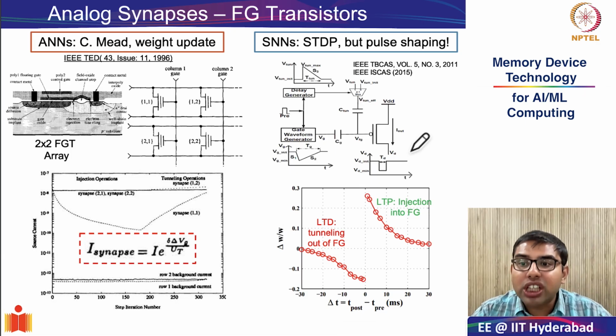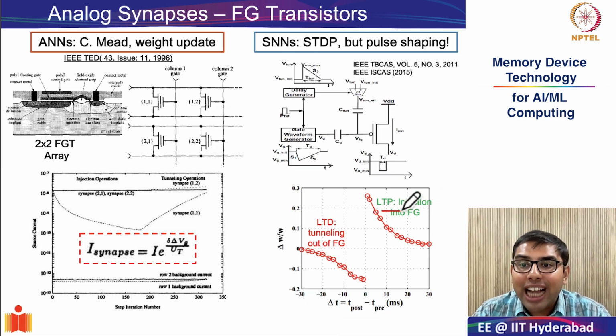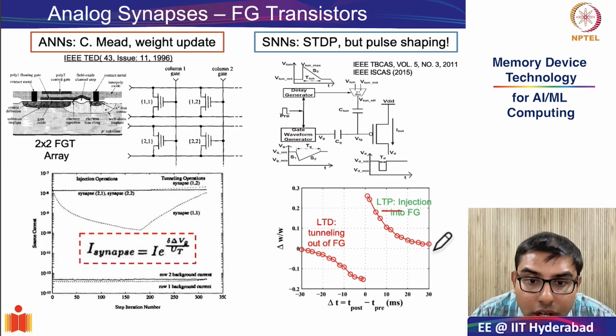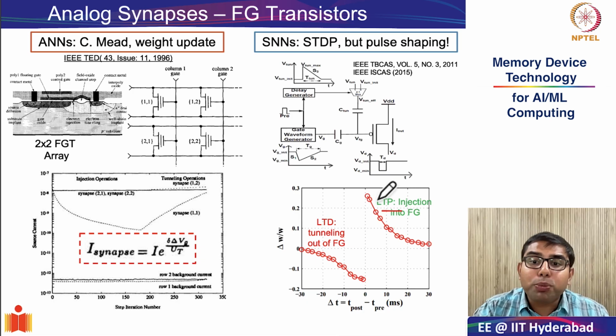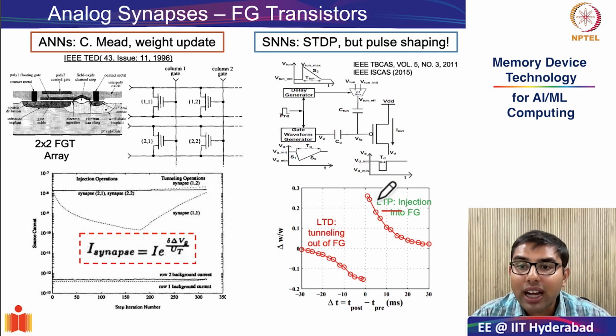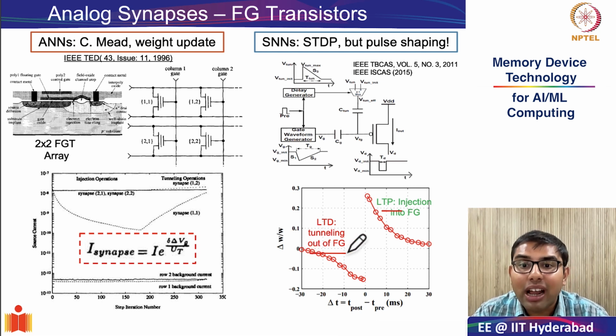And this adds charges and leads to long-term potentiation, as shown on the right-hand side of this STDP plot. If the postsynaptic spike arrives first, the overlap produces a condition which favors tunneling. Therefore, it removes charges from the floating gate, causing long-term depression as seen on the left-hand side of this STDP curve.